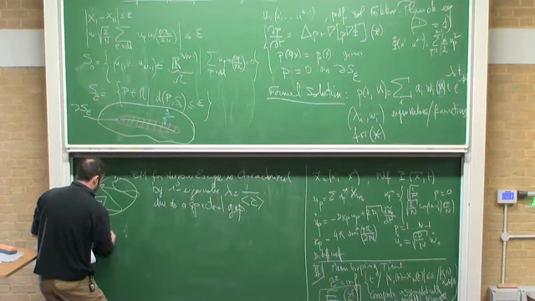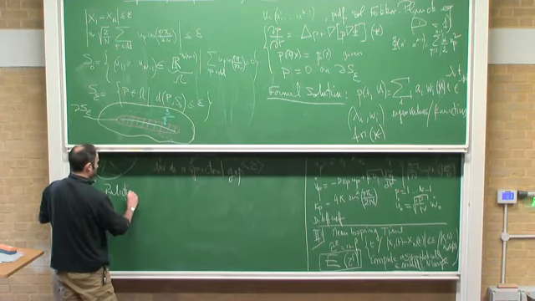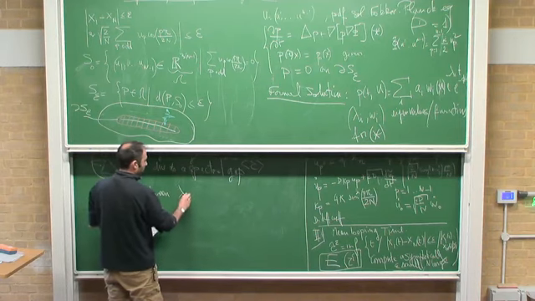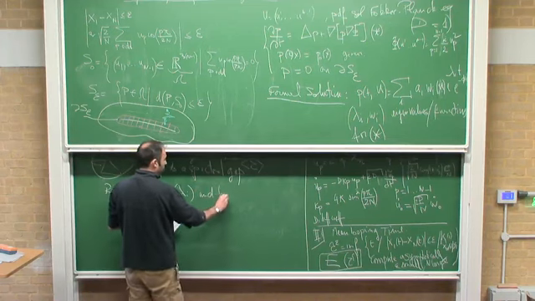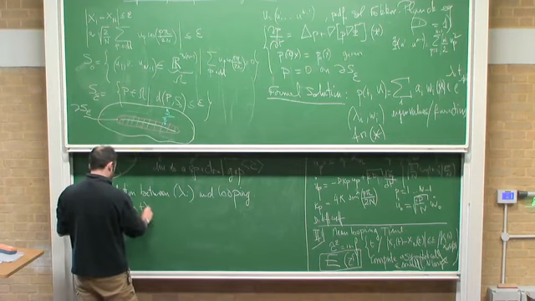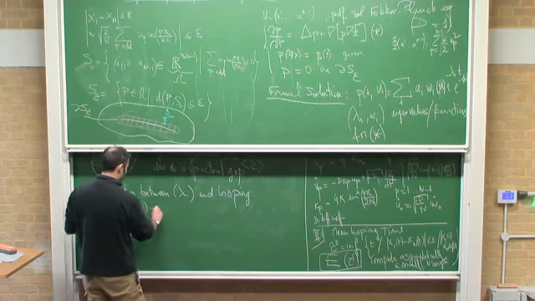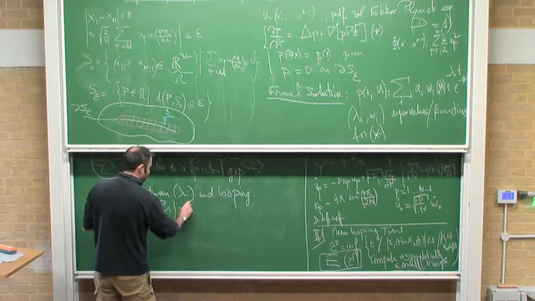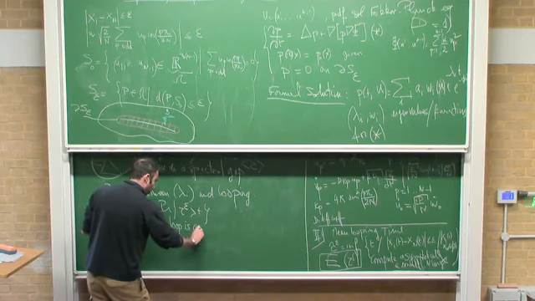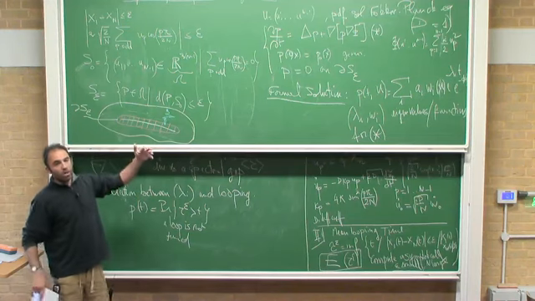The relation between the lambdas and looping. Well, the probability that a loop is not formed, the probability that tau epsilon is bigger than t. What does it mean?